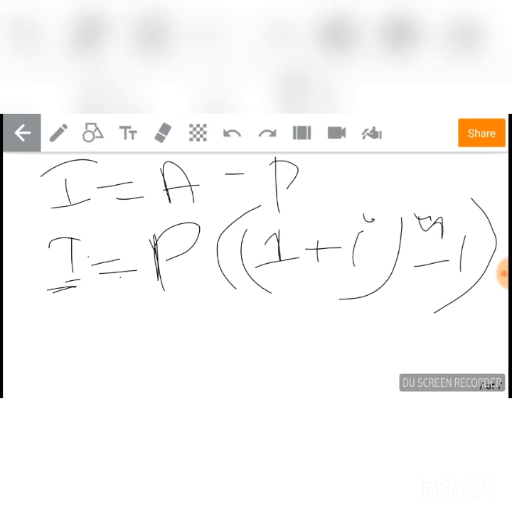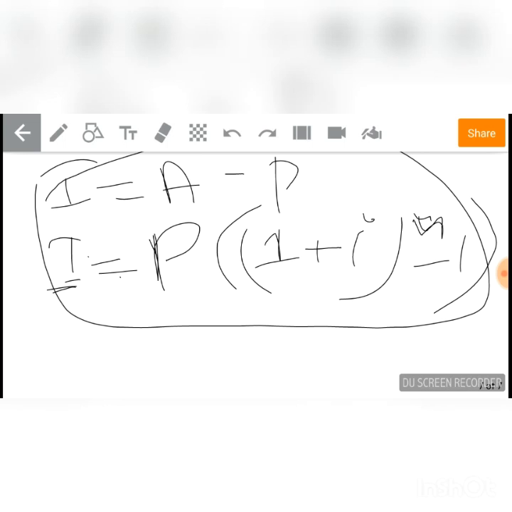Okay, this is a small n and it is the power on the whole bracket. And i is the interest rate over here. There are several other formulas for this, and we will discuss those formulas in the next video. And I will give you an example for compound interest as well in the next video.